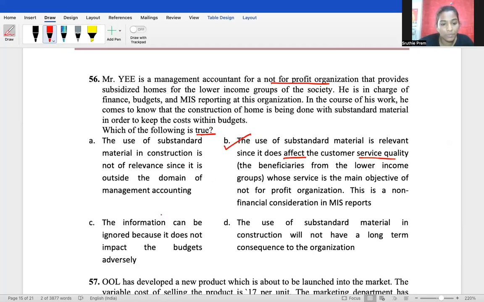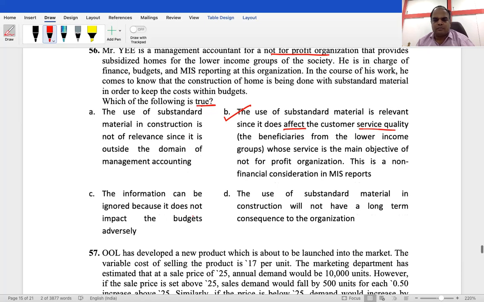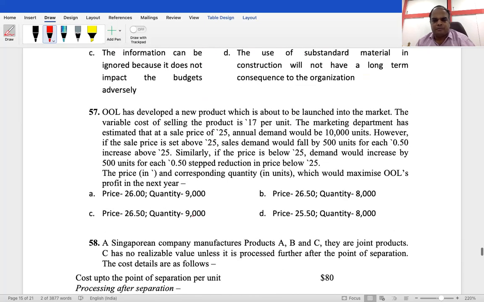Correct. Option C. The information can be ignored because it does not impact the budgets adversely. No. Option D. The use of substandard material in construction will not have long-term consequences to the organization. So, what is the right answer? B is the correct answer. Non-cost factor you have to consider. It will affect the quality. Are you able to follow?